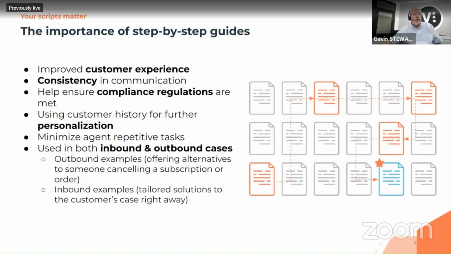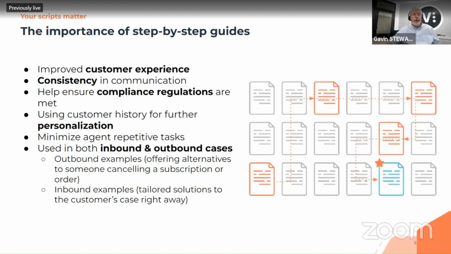By use of a step-by-step guide, you can ensure consistency of brand, maintain the brand for the end customer in that communication experience. So that consistency matters. And some industries are regulated, and there are compliance regulations that have penalties if they're not met.